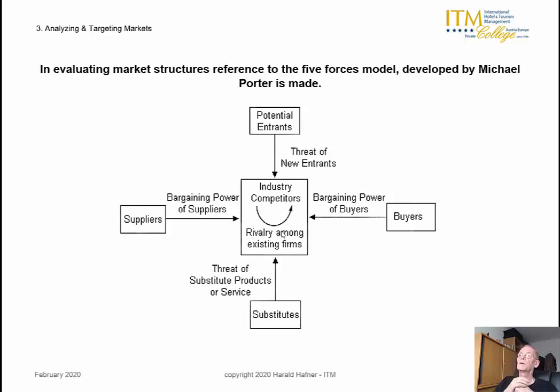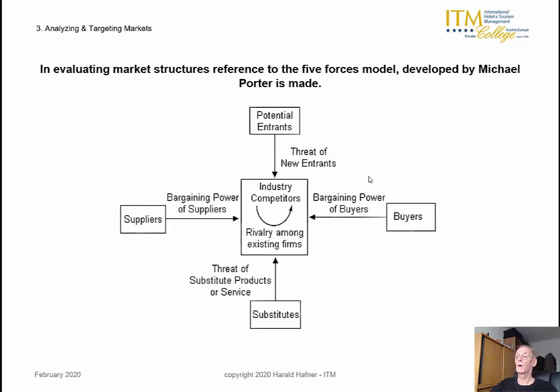So therefore, looking at the industry competitors gives us a good idea of their number and their degree of differentiation, and how this rivalry is set.